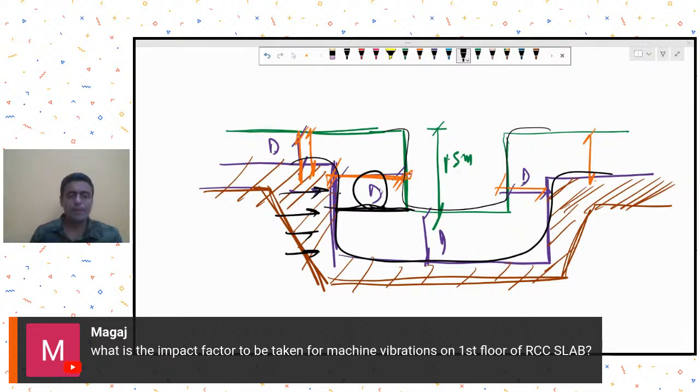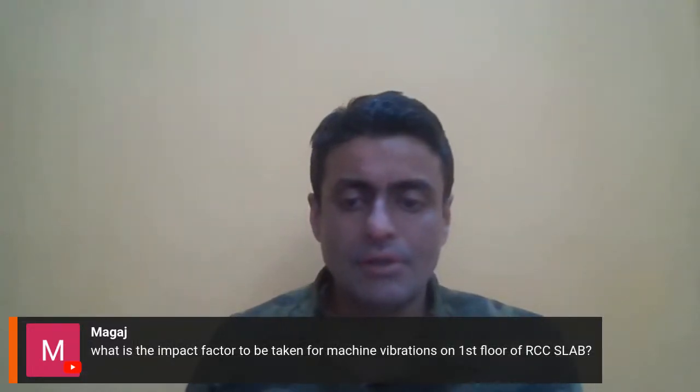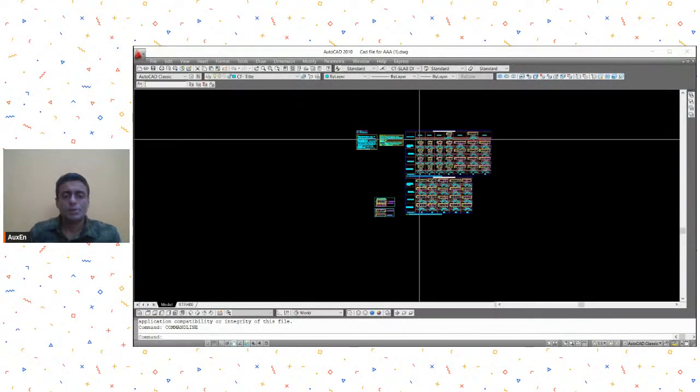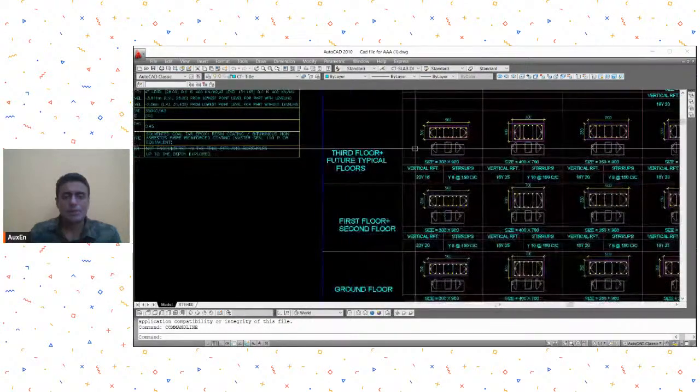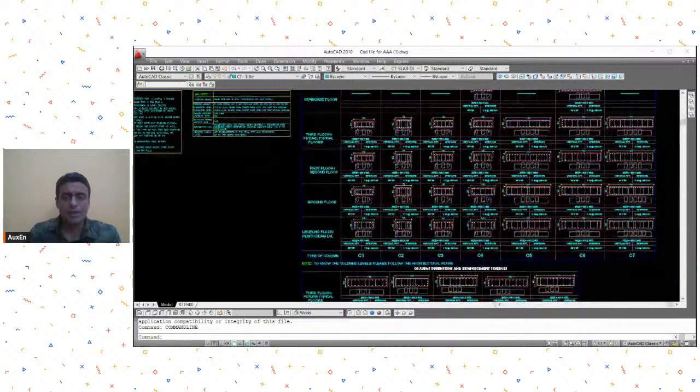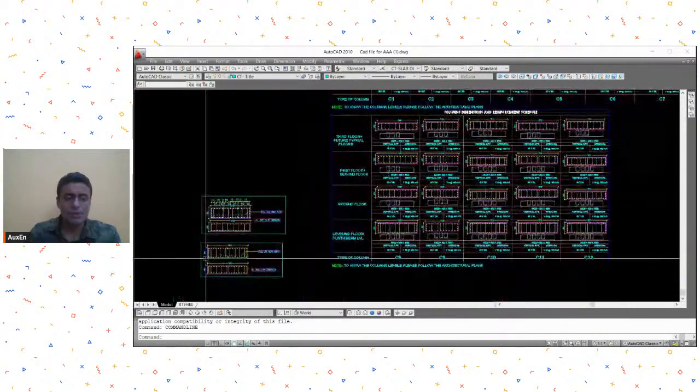Okay. So let us continue and then take the question Mr. Devlin was asking, and we shall go to the AutoCAD drawing he has shared. Let us see what he says. In this drawing, what he is saying is that there are column reductions happening between successive floors.